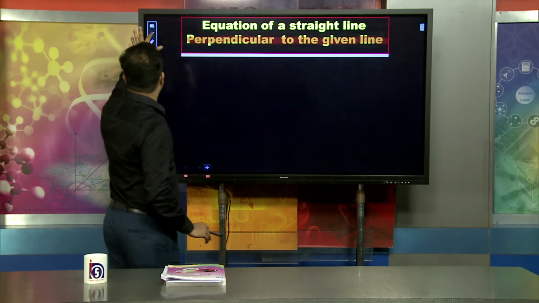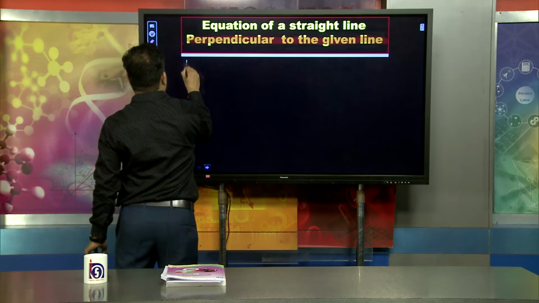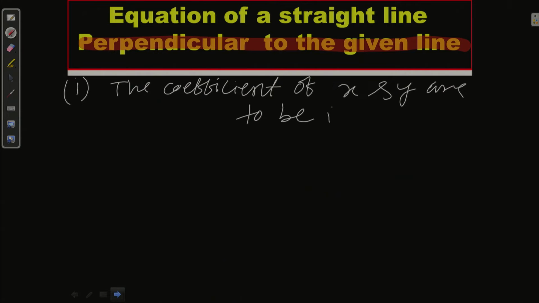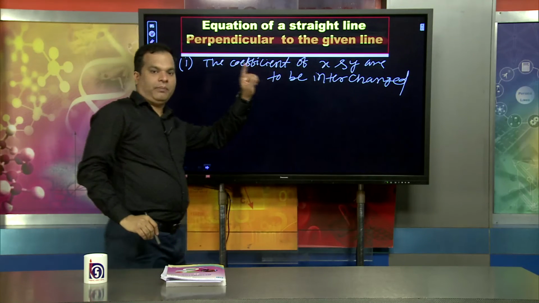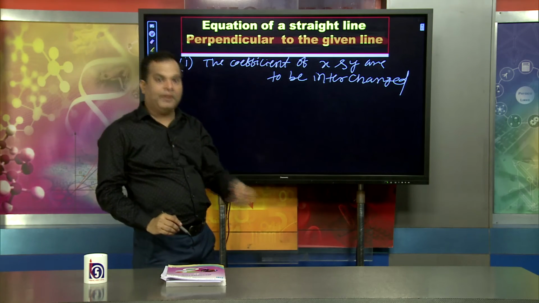The first condition is very important. The coefficient condition: the coefficients of x and y are to be interchanged. When talking about interchange, the coefficient of x becomes the coefficient of y, and the coefficient of y becomes the coefficient of x.